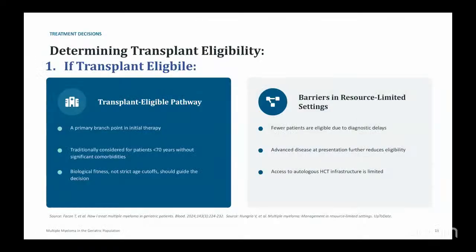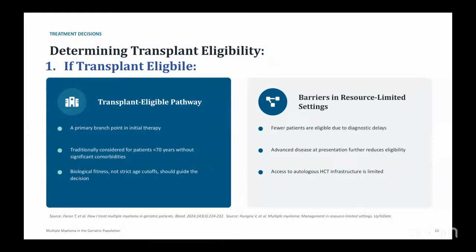First of all, for elderly patients, or in general, we would want to see what's the risk stratification of the multiple myeloma patient. And then are they transplant eligible or transplant ineligible?